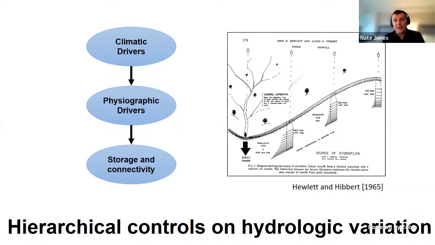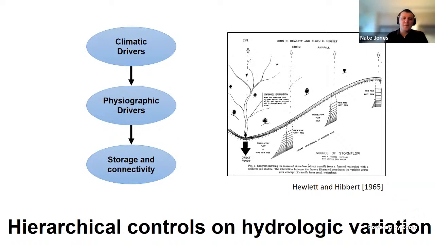So I live in Alabama, and not only do we have amazing freshwater diversity, but we also have quite a bit of diversity in our physiography. We go from Appalachian Plateau to the Piedmont, to upper coastal plain, and then to the lower coastal plain. And each one of those physiographic regions has very different hydrology, even though the climate is relatively the same over this gradient. The geology is wildly different.